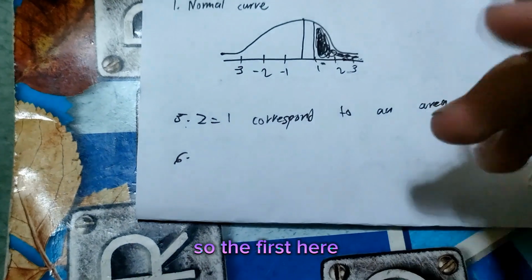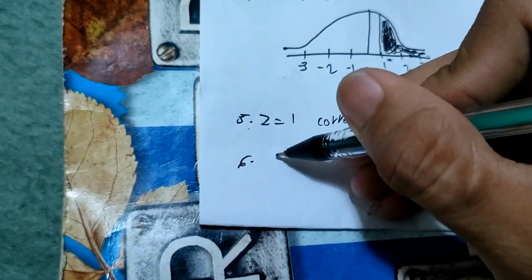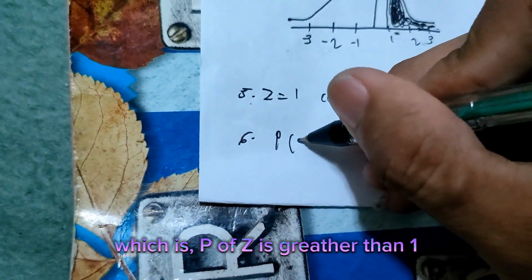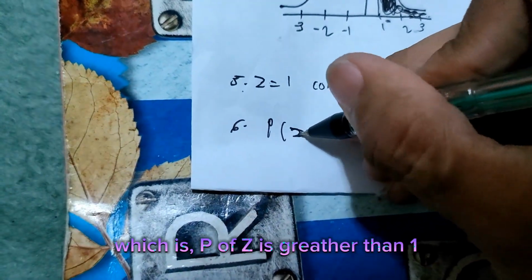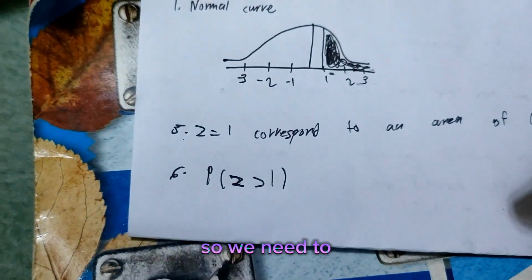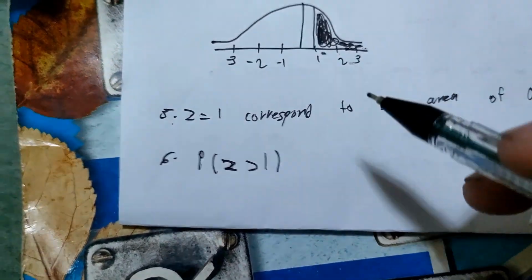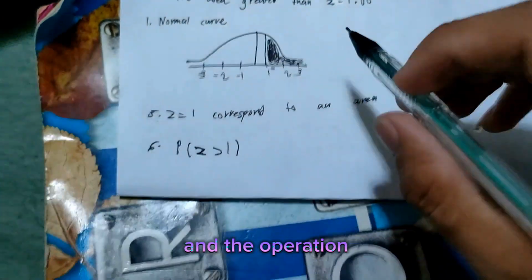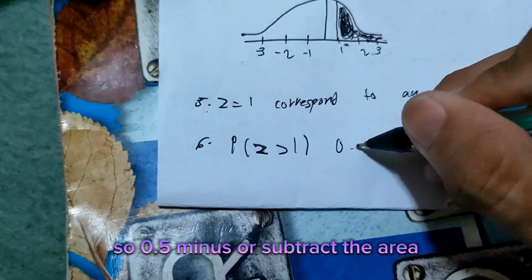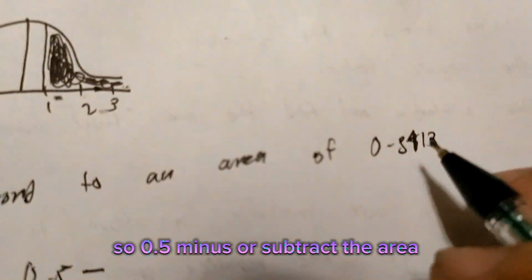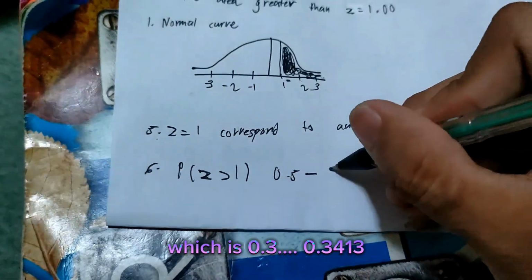So first we need to put the notation, which is P of Z greater than 1. We need to subtract since this is positive in the operation. So 0.5 minus, or subtract, the area, which is 0.3413.